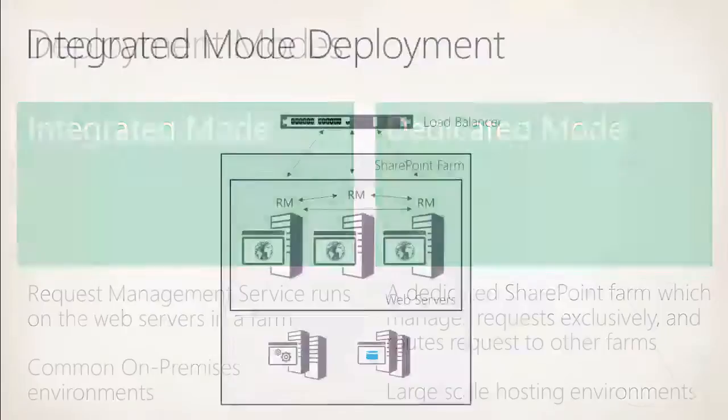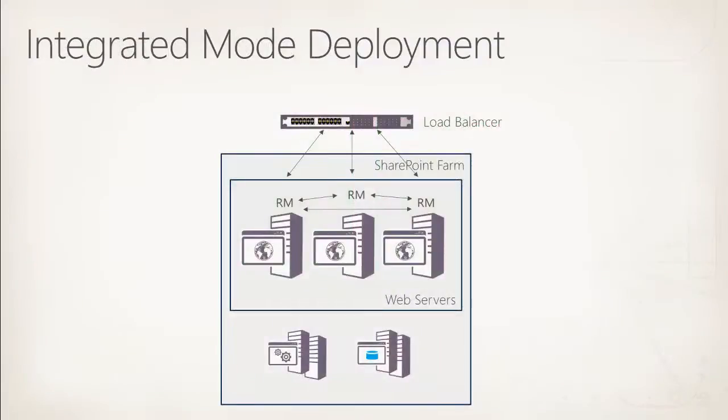So a couple of architecture diagrams here. This is our integrated mode deployment. We have a network load balancer of some description. Doesn't matter who makes it or whether it's hardware or software or squidgyware. That's going to send requests to a number of web servers, which are all running request management, and request management is also speaking to each of the other web servers in the farm to understand their availability and so on.